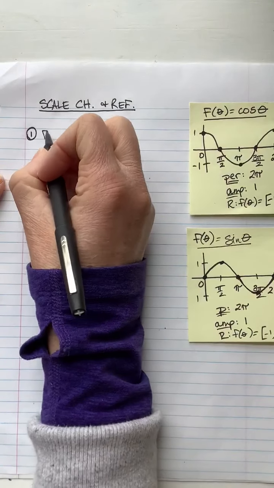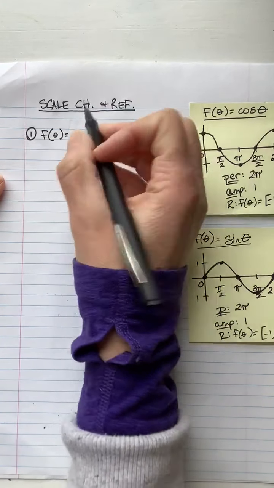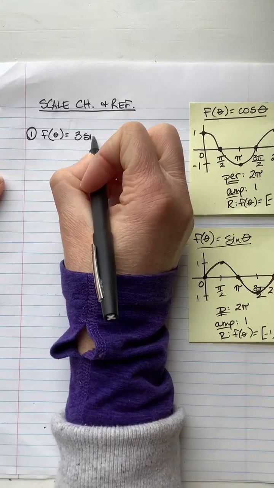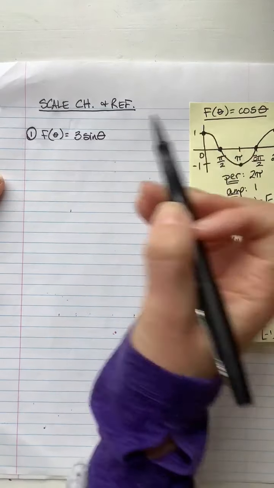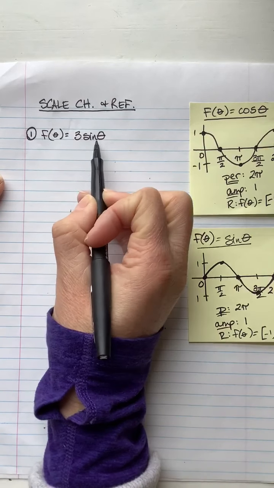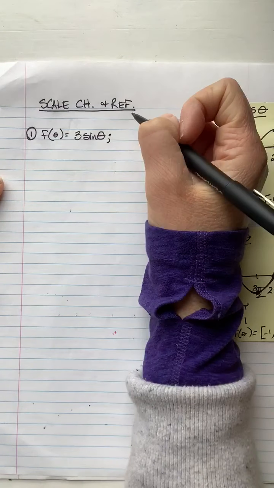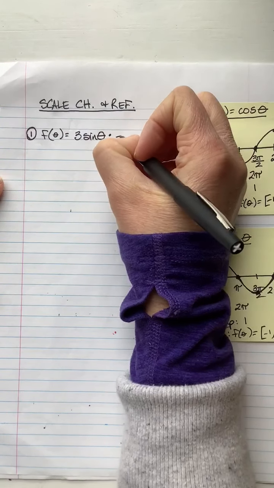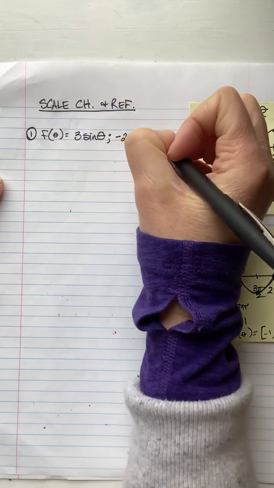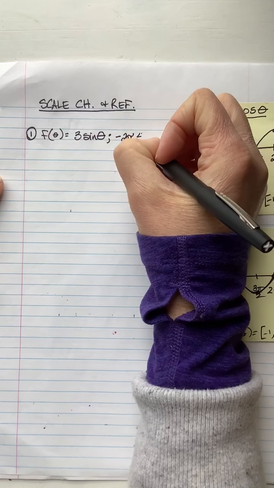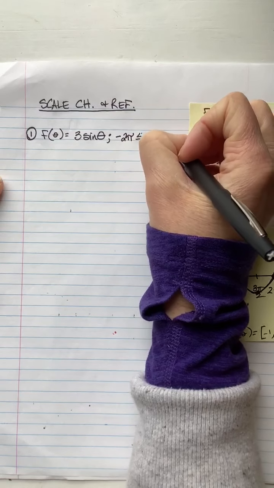So let's say that we have f of theta, and we've got 3 times the sine of theta. So here's my offspring function. And we are going to restrict the domain. We want to travel from -2 pi, that's right, all the way to 2 pi.